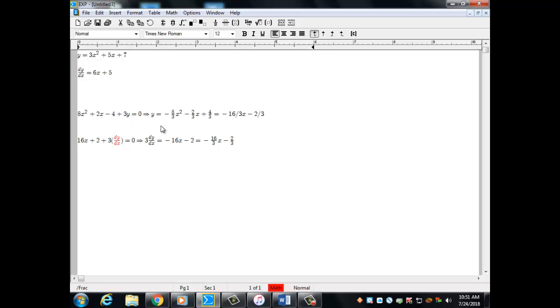Okay? And so this is what we call implicit differentiation. The process that says, let's not solve for y, let's just deal with it the way it is.